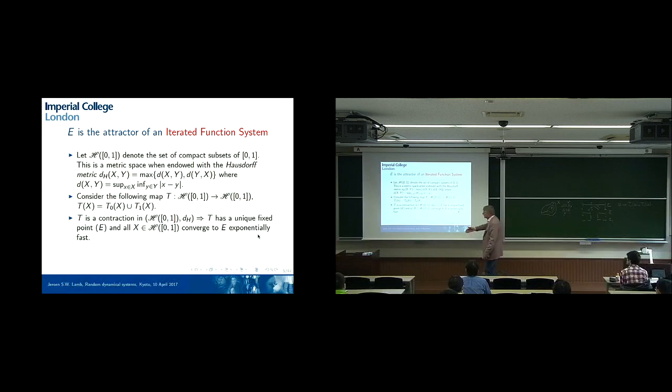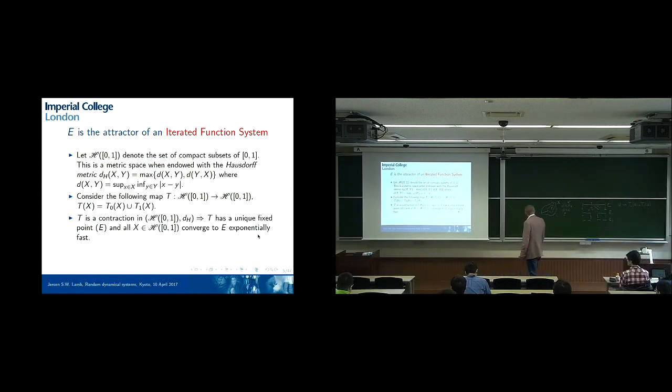And then you can see that there's a contraction on this metric space. And as we know by the contraction mapping theorem, and I hope that you know that, if you have a contraction on a map, with Lipschitz constant smaller than 1, then we have a unique fixed point. So everything attracts exponentially fast to one point.